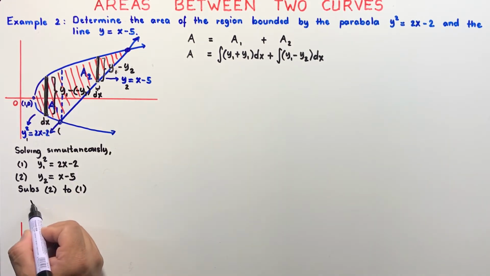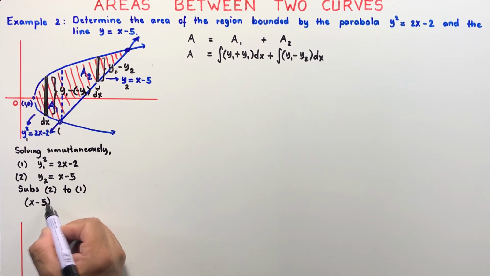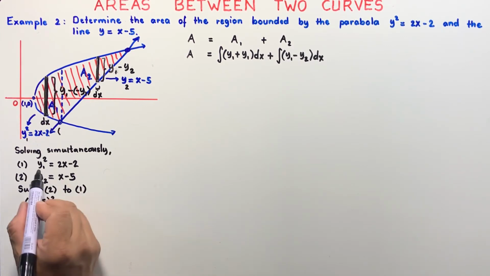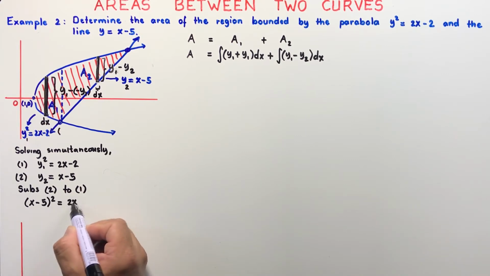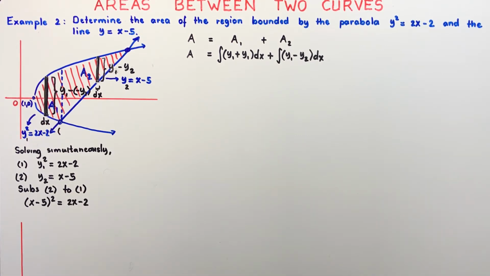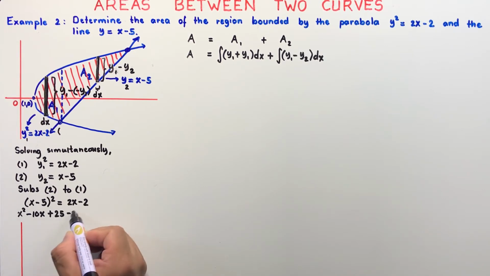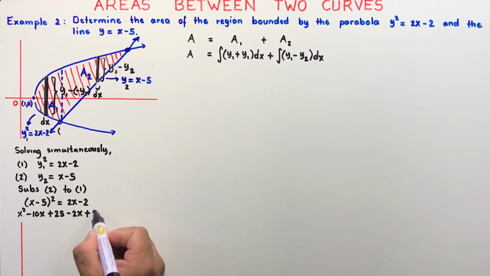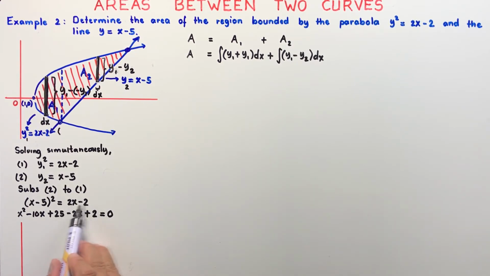We have x, because the value is x minus 5. So (x minus 5) squared, you substitute it here, which is equal to 2x minus 2. And squaring this binomial, we have x squared minus 10x plus 25 minus 2x plus 2 is equal to 0 if you move these two terms to the left.